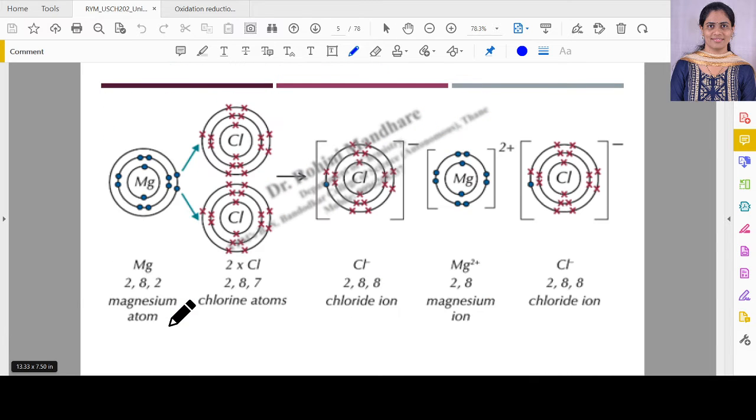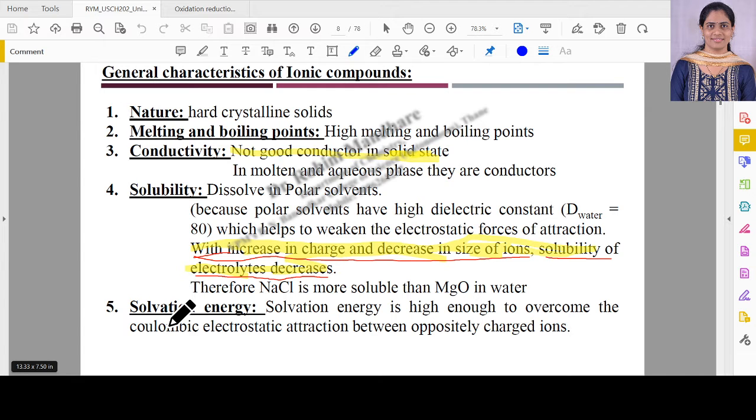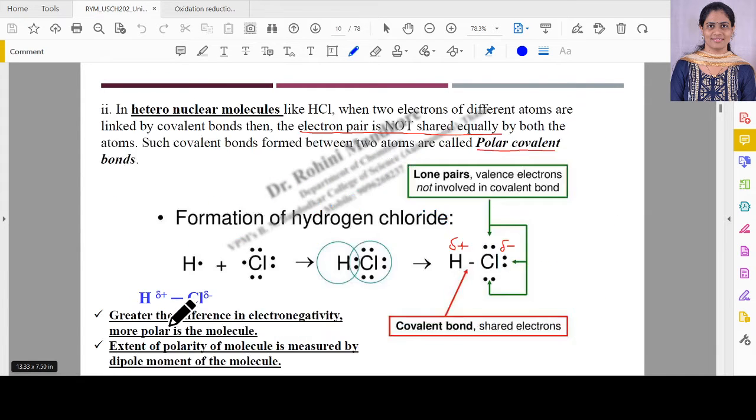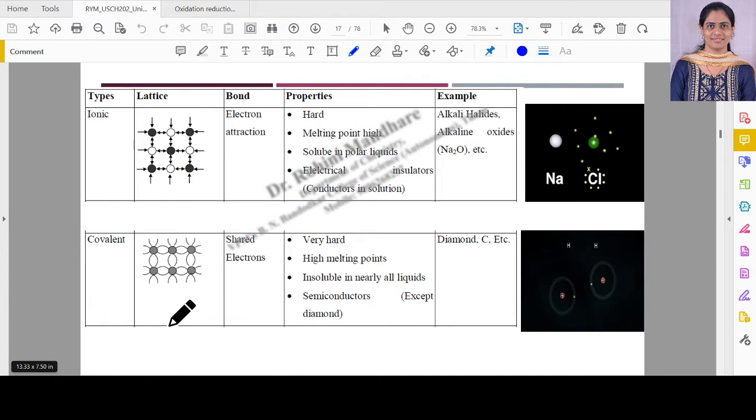Now, quickly, just to compare between all types of bonds, you have different classification. As I told, if you want to summarize all four bonds, then ionic bonds are formed by electrostatic force of attraction, and properties include they are hard.